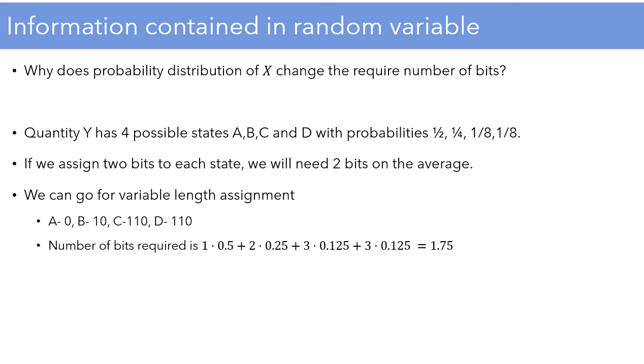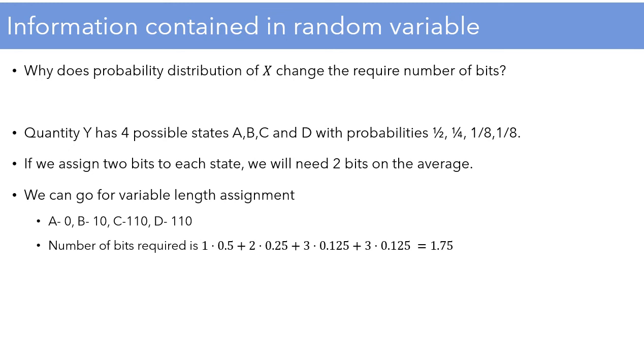B we assign 1 0, C we assign 1 1 0, and D we assign 1 1 1. This way we make sure that even if we repeat these bits, there is no ambiguity. If I say 0 0, I know AA is repeated. If I say 0 1 0, it means A and B are in the sequence. So there is no ambiguity here, and still we are able to represent all states.